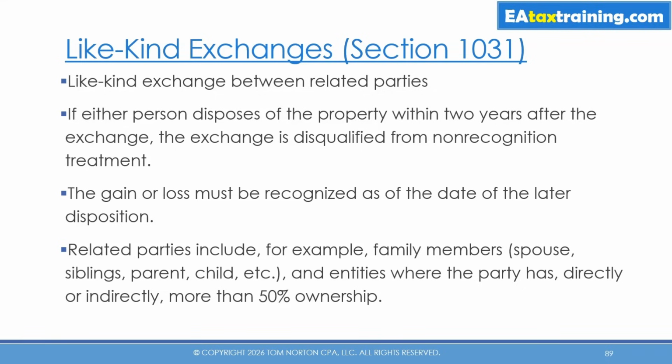And for this purpose, related parties include family members such as spouse, siblings, parent, child, etc., and entities where the party has, directly or indirectly, more than 50% ownership. So if it's a transaction between a partner and the partnership, well, if that partner's got a greater than 50% ownership in that partnership, they are related parties, and this rule would apply to them.